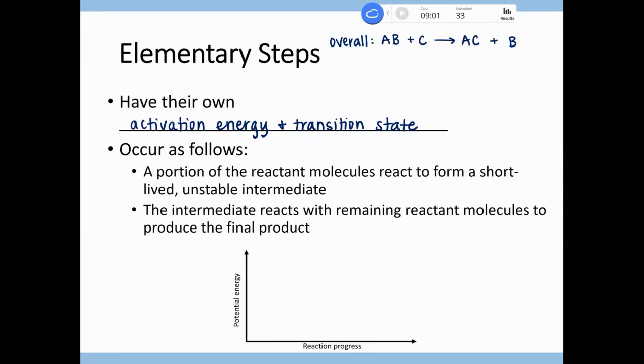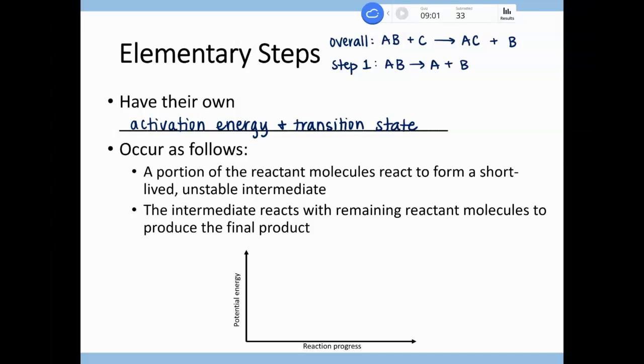In this made-up reaction, I'm also going to tell you that it occurs through two elementary steps. The first step, so with its own activation energy, with its own transition state, the reagent AB is broken, that bond is broken, now we have A and B. So we have a decomposition reaction first.